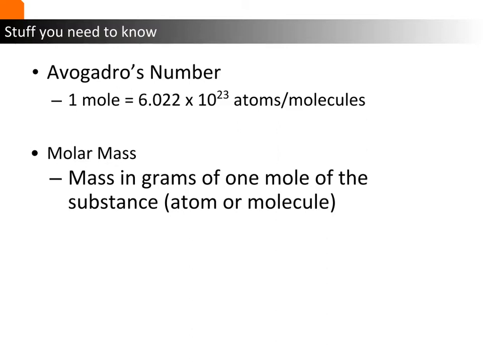The molar mass is the mass in grams of 1 mole of a substance, and that number is different depending on the substance. You can have a mole of an atom or a mole of molecules, but you simply add together the masses from the periodic table. You did this so often last year that this is probably second nature to you. For example, with sulfur, you just find its molar mass on the periodic table, which is about 32.